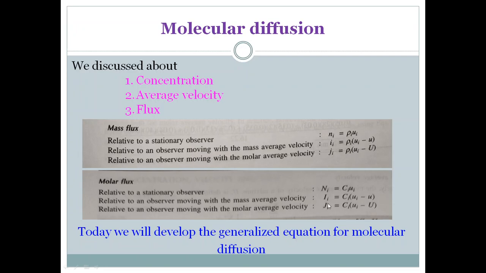capital Ji. What does it mean? It means that there is an average molar velocity, and which species will have a higher velocity than the molar average velocity, that is ui, the velocity of the particular species which has a higher velocity than the molar average velocity. If it is that much higher, then that flux is Ji.